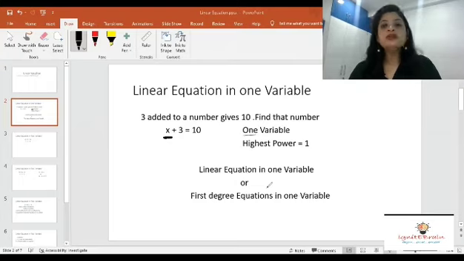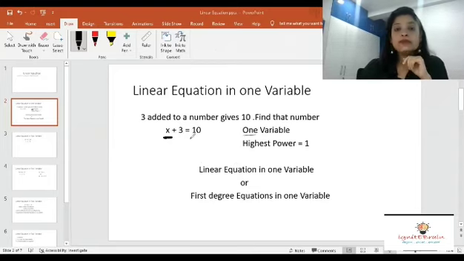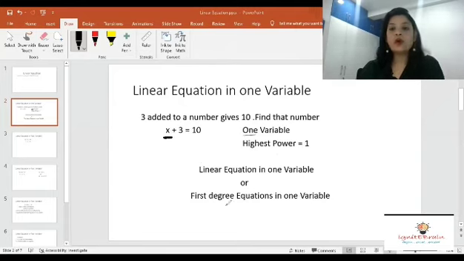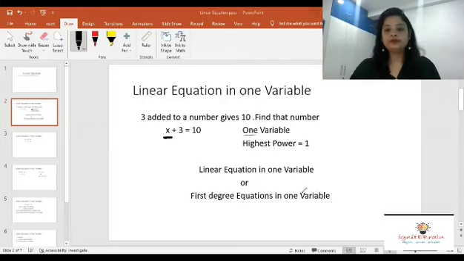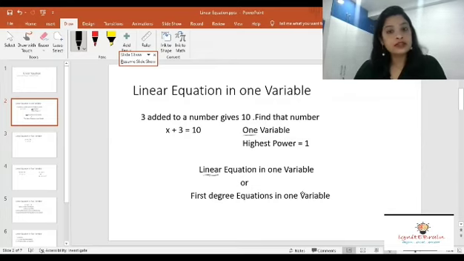Whenever in an equation we use one variable and the power of x is 1, it is called a linear equation in one variable. They are called so because the highest degree of the variable is 1. So two things to remember: one variable and the highest power, that is 1.